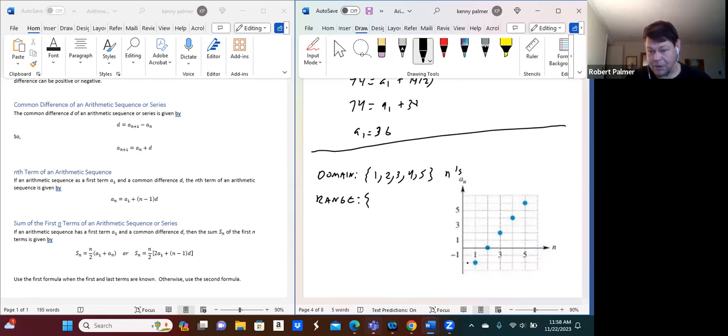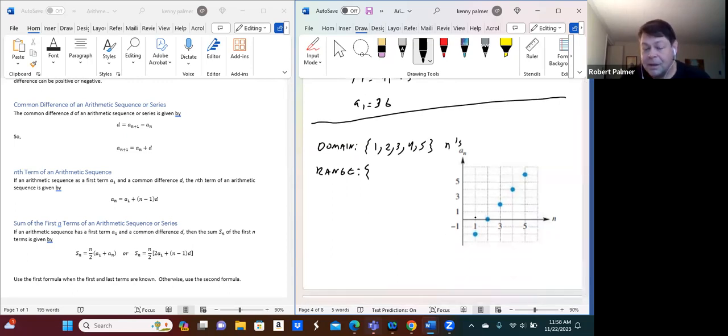We're starting, it looks like, with -1. Actually, it's a little harder to see. I took this from a textbook, so it's not easy to see. Here, it looks like -1 is right here. That's actually -2. So just be careful the way it's laid out. -2, 0, then 2, 4, and 6.